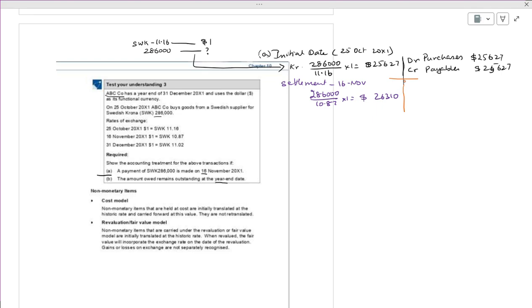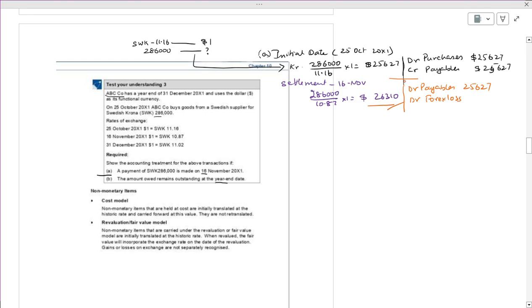683. Now, what is the general entry? Settlement. Payable. Good. How much are you paying? 25627. Good. And debit foreign exchange loss, 683. Yeah, foreign exchange loss. How much is the loss? 683.